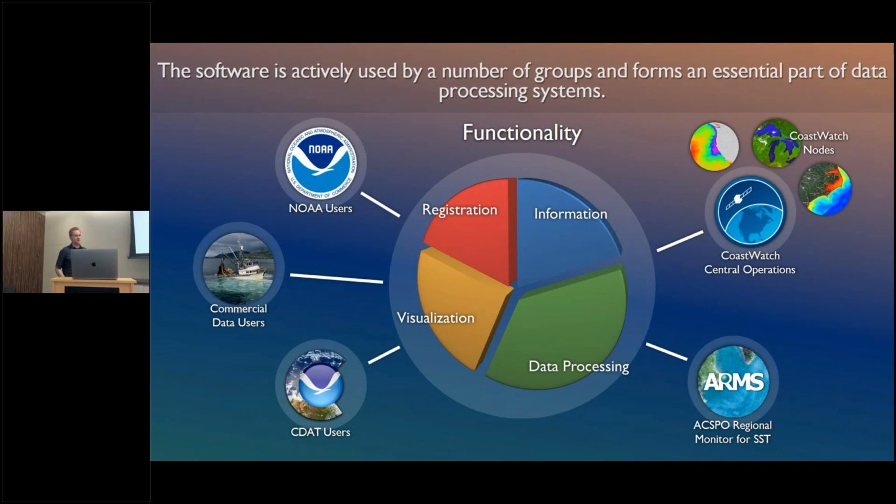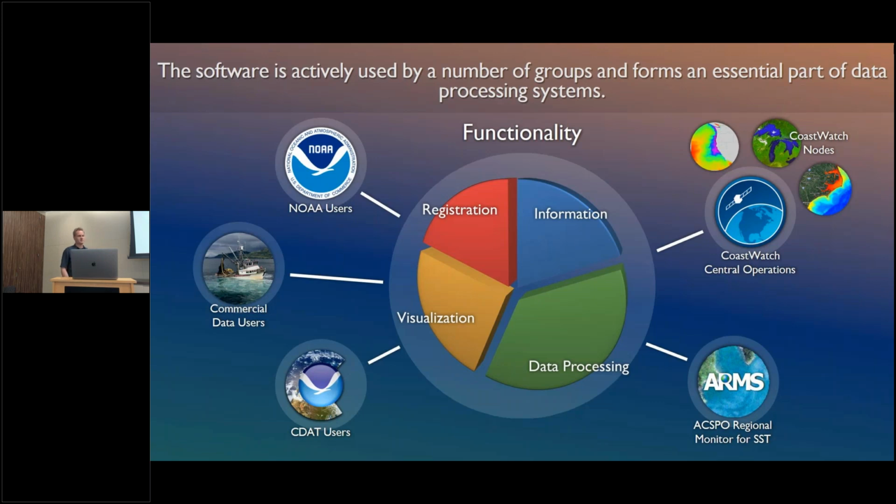So a number of groups use the software now, with CoastWatch Central using the most functionality. East and West Coast and Great Lakes nodes. I think it was Oli who mentioned the Expo Regional Monitor uses it for their display, creating renderings of their level 2 and 3 products.